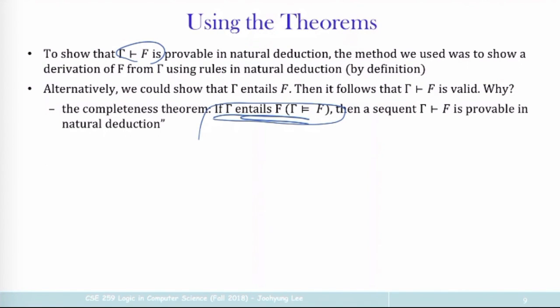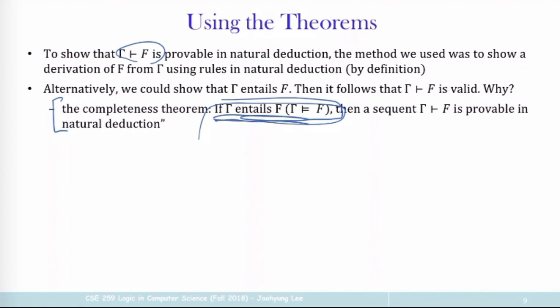And then the completeness theorem is saying if the entailment is true, then provability is true. So combine these two ideas. So this is actually kind of modus ponens too. The completeness theorem is saying if gamma entails f, you can say that gamma derives f in natural deduction.